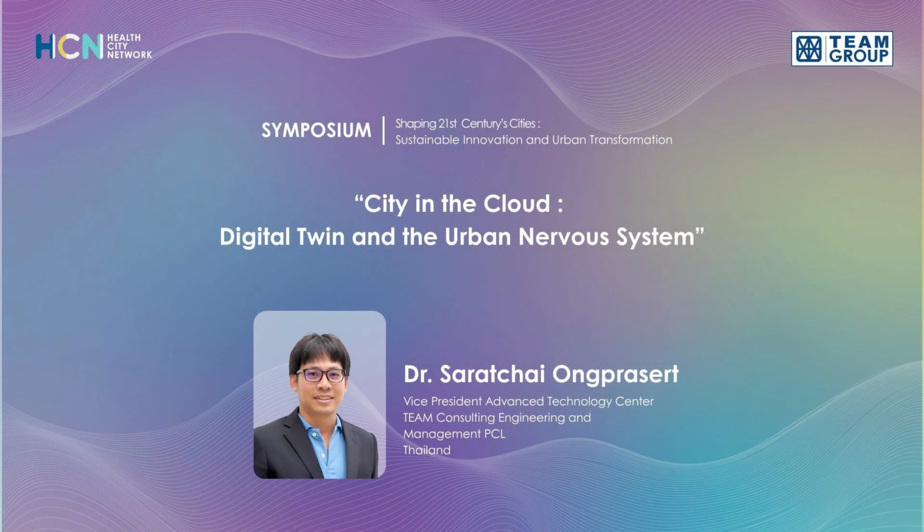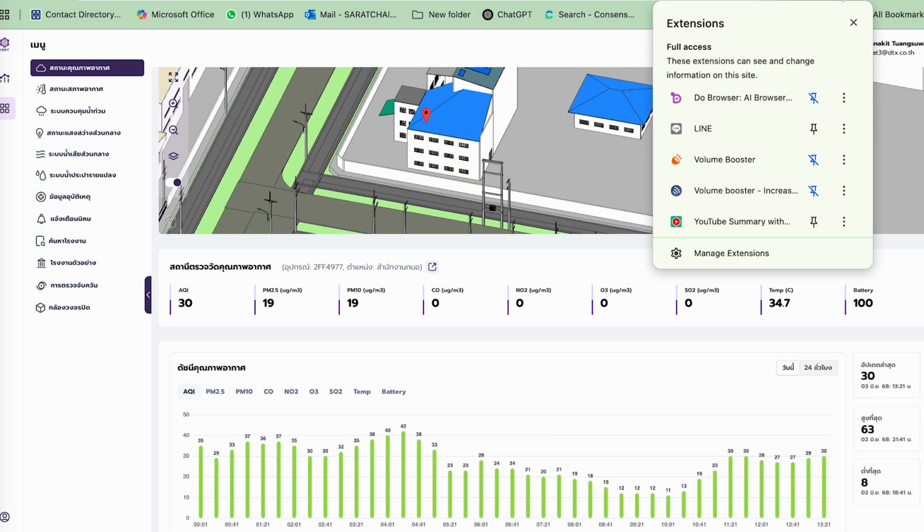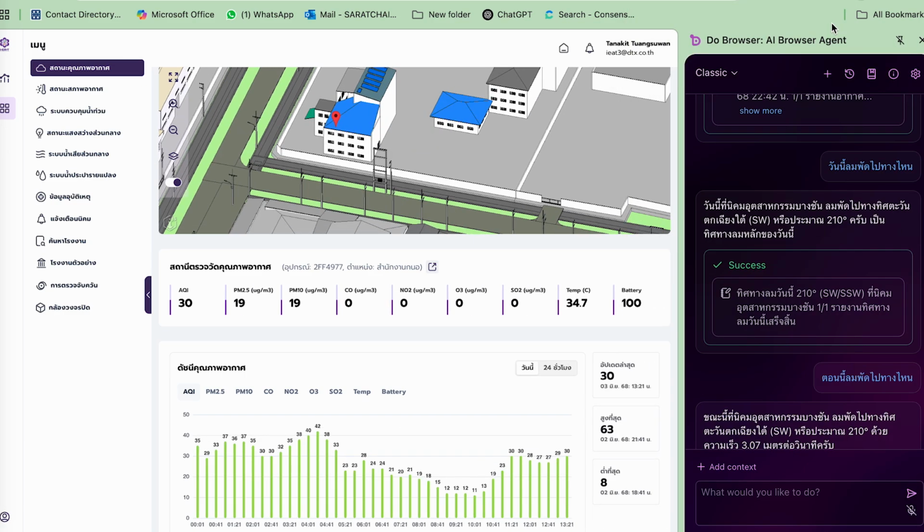Okay, because there's a lot of parameters from BOD, COD to the PM.